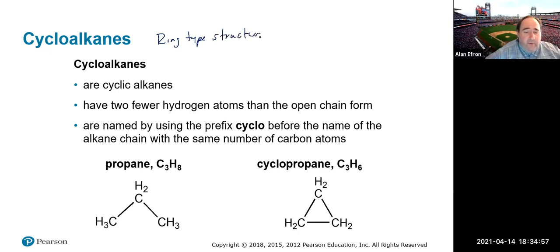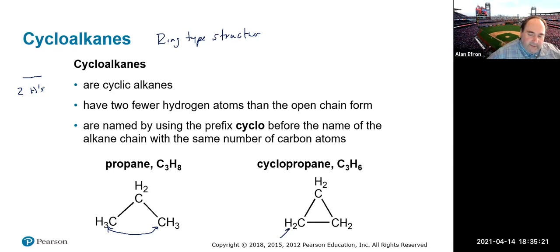And they're really a result of these two guys deciding we're going to come together. Now, if you remember, we talked at the very beginning that every time we make a bond in organic chemistry, we need to sacrifice two hydrogens, right? And that's what you see when this closes up on itself.